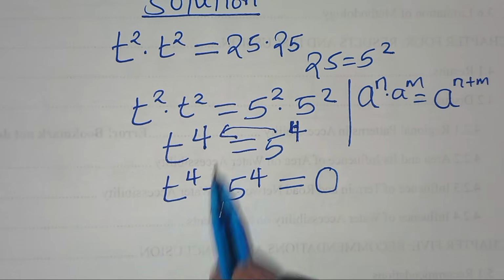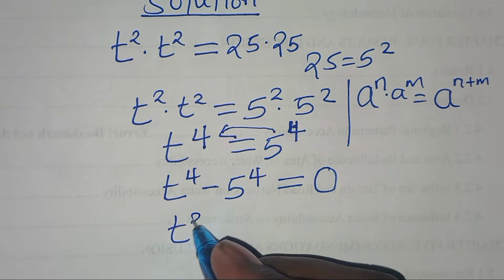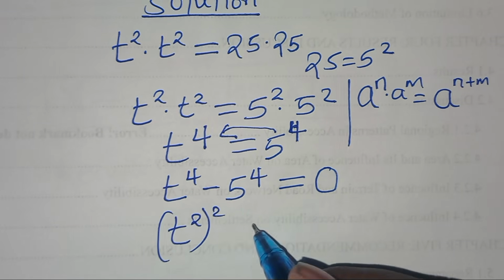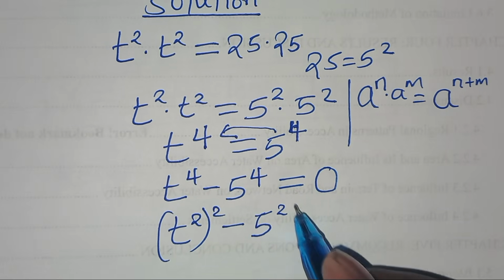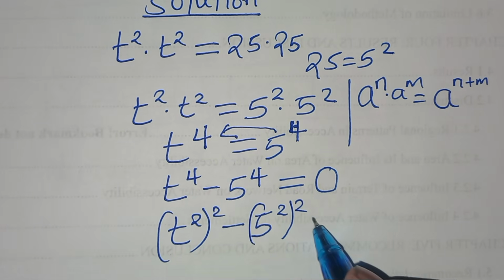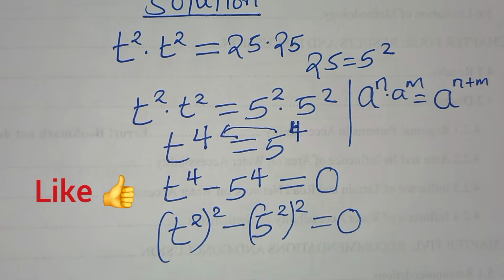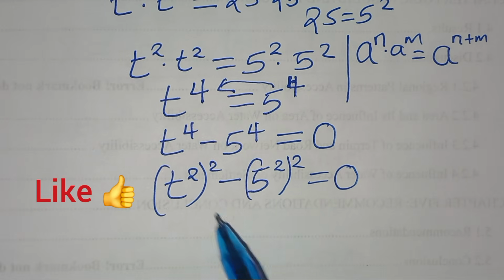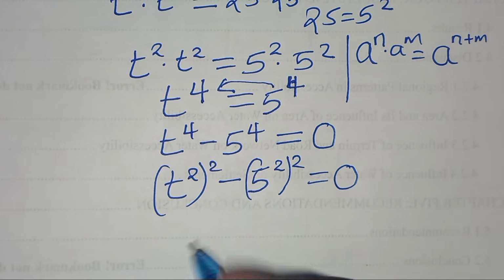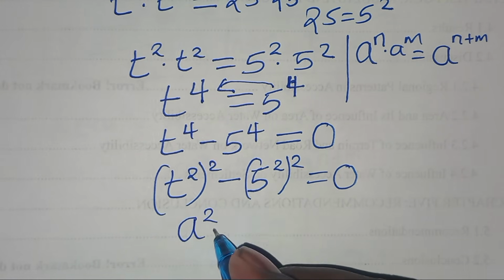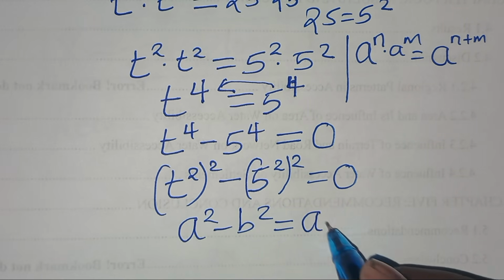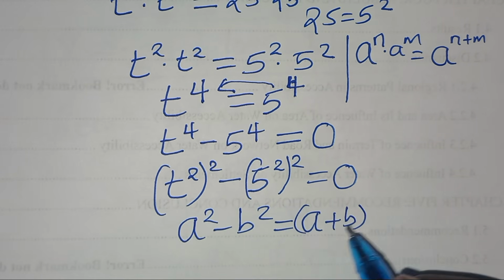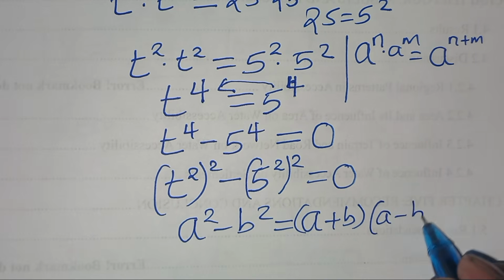We can express t to the power 4 as t to the power 2 squared, minus 5 to the power 4. This can be expressed as 5 to the power 2 squared. This is equal to 0. So this equation is in the form of a squared minus b squared, which you can express as a plus b and a minus b.